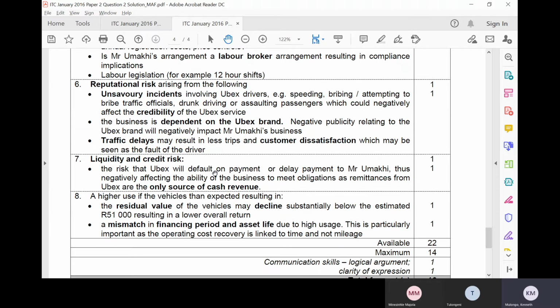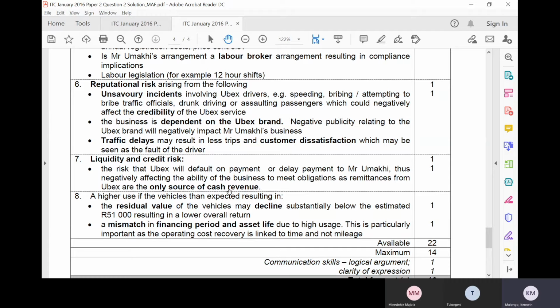And then liquidity and credit risk: the risk that Uber will default on payment or delay payments to Mr. Umaki, thus negatively affecting the ability of the business to meet obligations, as remittances from Uber are the only source of cash. So they are relying on Uber, this Ubex company, receiving the cash from the customers in their bank account, and then being in a financial position where they can pay the individual, Mr. Umaki.